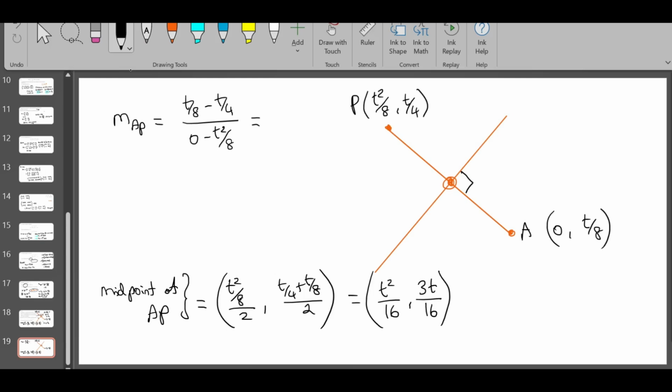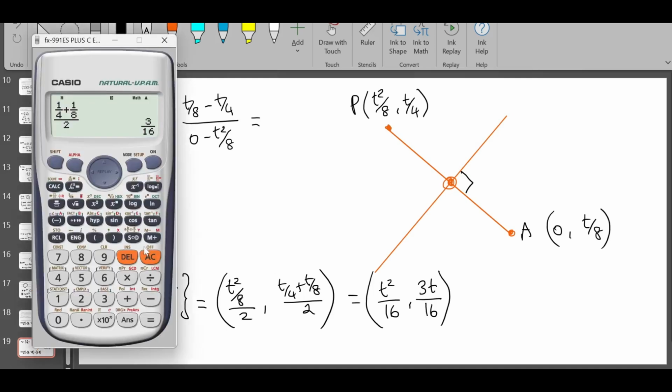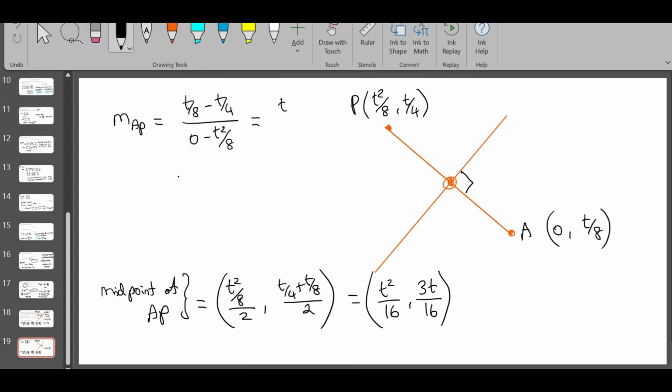I'm going to type this in my calculator without t: 1 over 8 minus 1 over 4 divided by minus 1 over 8. I'll get positive 1. Basically you will get t divided by t square, which is just 1 over t. That's the slope of AP.